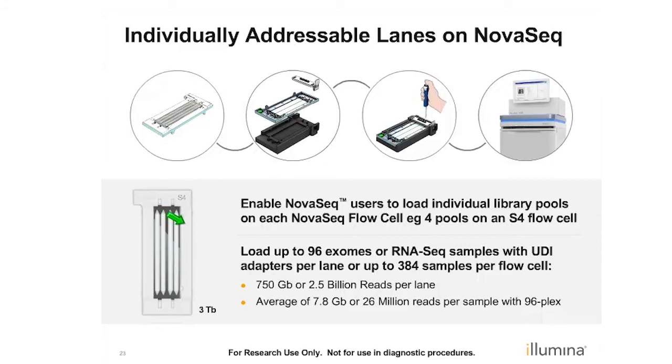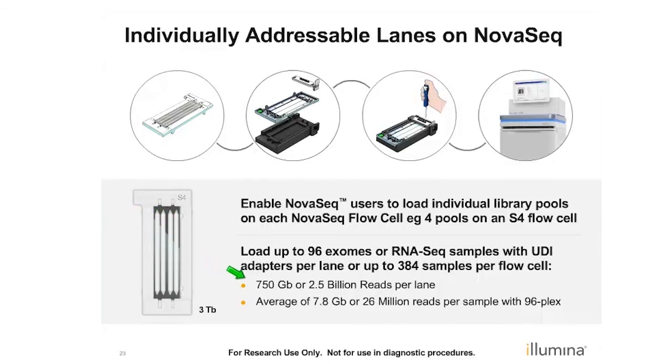We were planning on having one loading port, and the instrument would then perform clustering of the sample through a single port. I think we got a lot of feedback after launch that there were going to be enormous pools of samples required to do even RNA-seq and exome library preps on these. So we took that feedback and we've decided to release this device that will allow individual addressable lanes on the NovaSeq. That reduces the burden for indexing by a factor of 4.